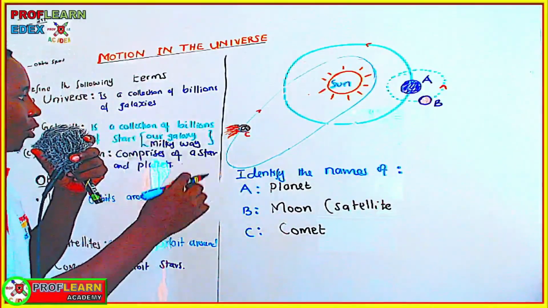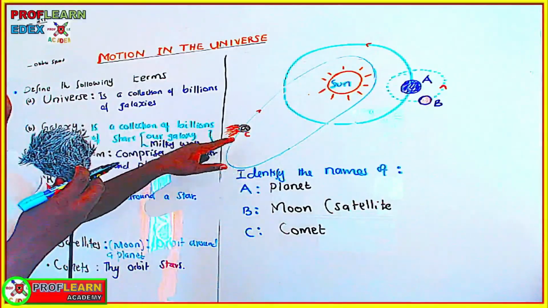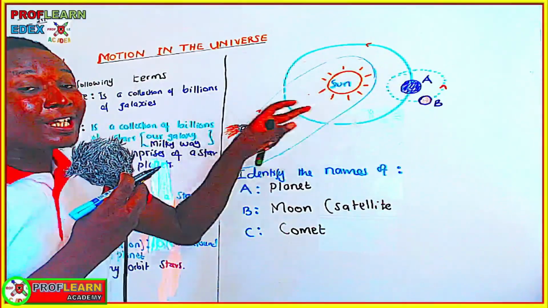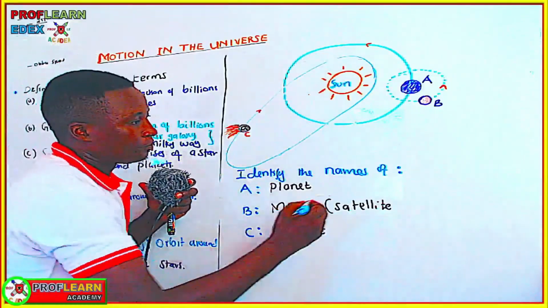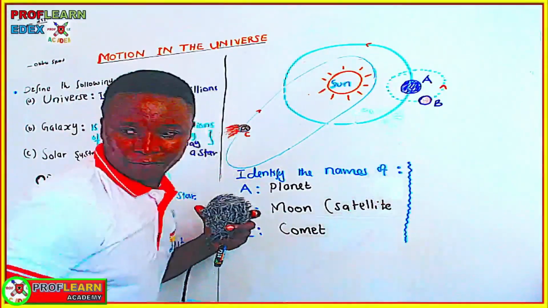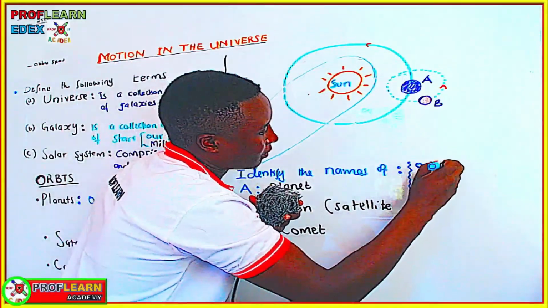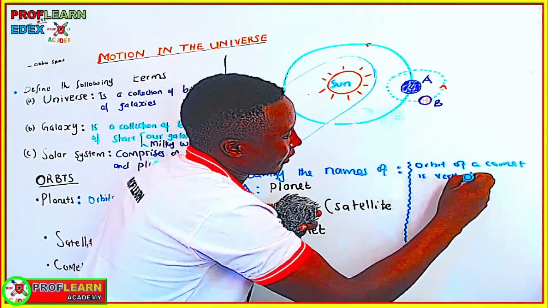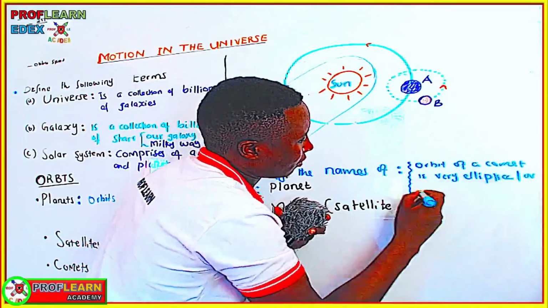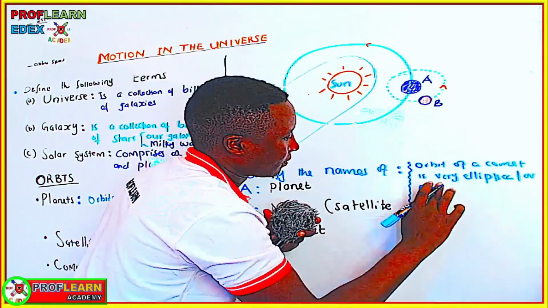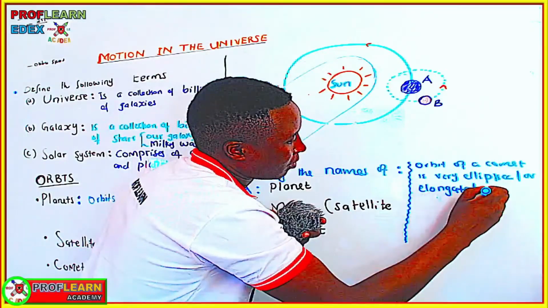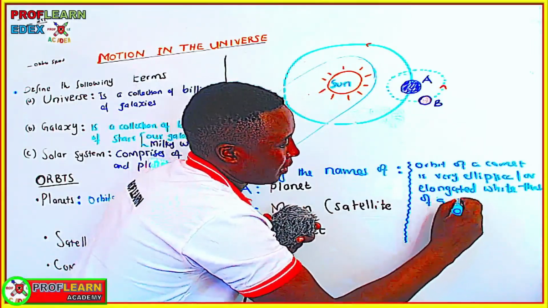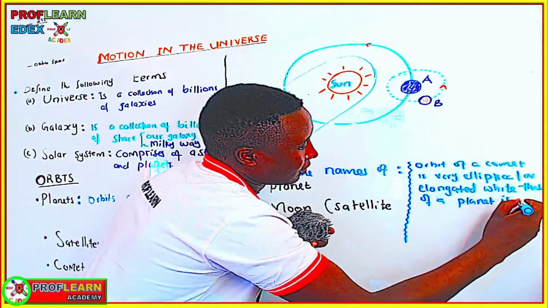You will say the orbit of a comet is very elliptical or elongated, while that of a planet is just elliptical.